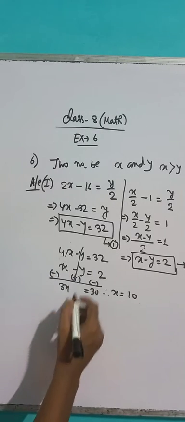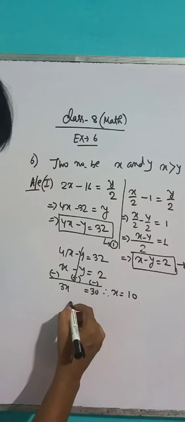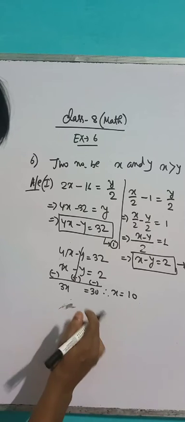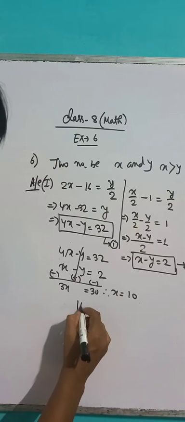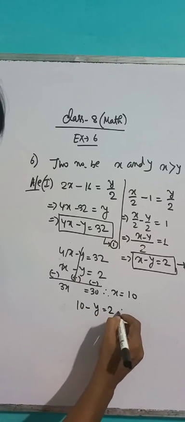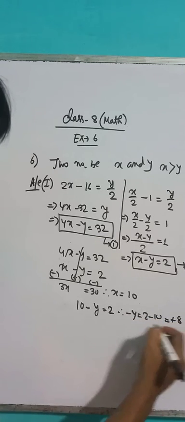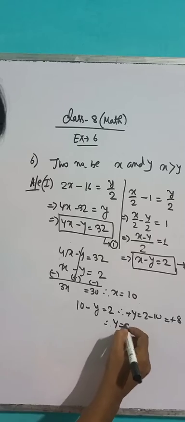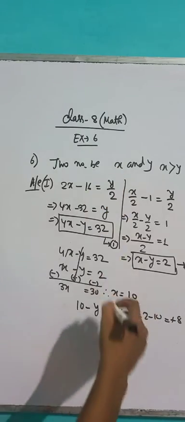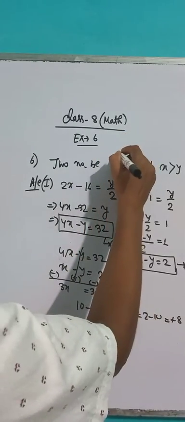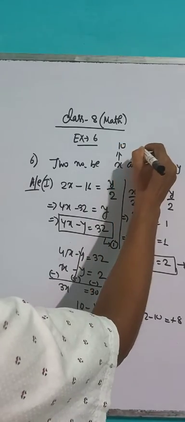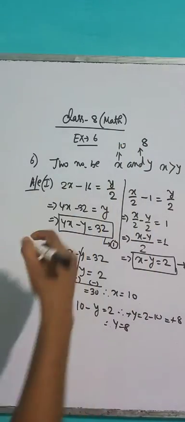Now whenever x value is 10, put it in the equation: 10 minus y is equal to 2. That means minus y is equal to 2 minus 10, that is minus 8. So y value will be 8. So your answer is x value 10, y value 8.